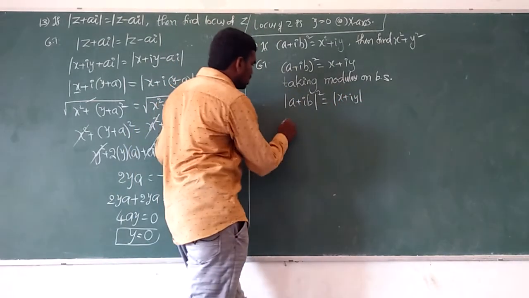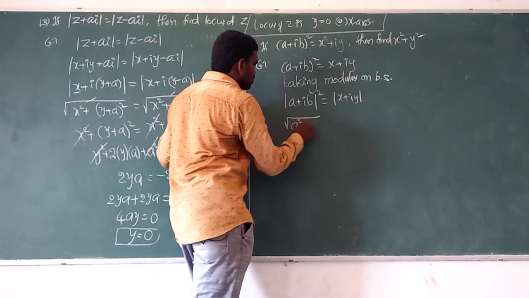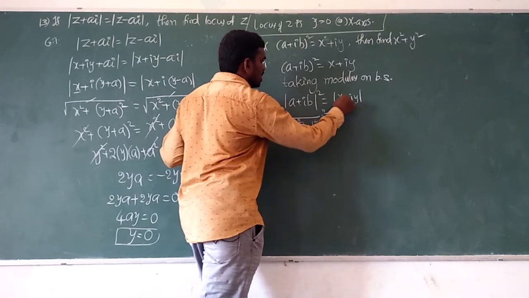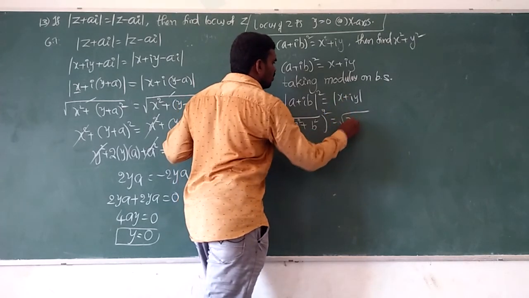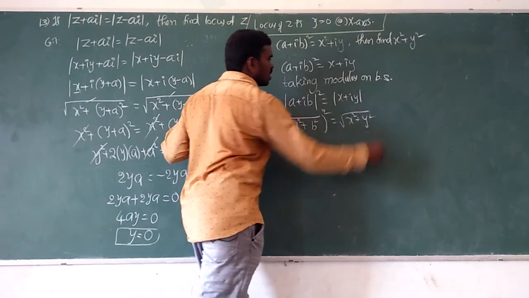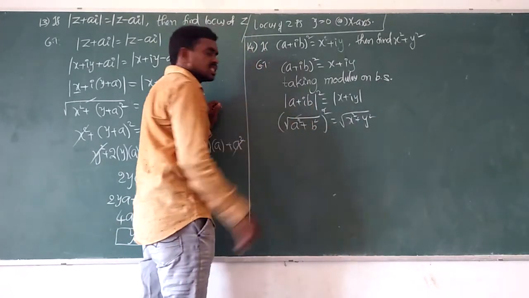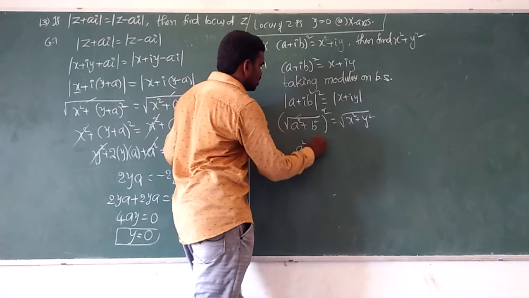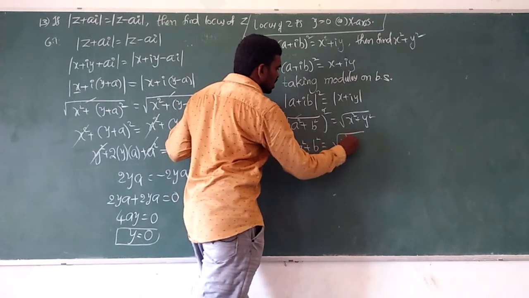Now modulus means what? Root of a square plus b square, but it has a square on both sides. So modulus means root of x square plus y square. The square and root cancel. So finally a square plus b square equal root of x square plus y square.